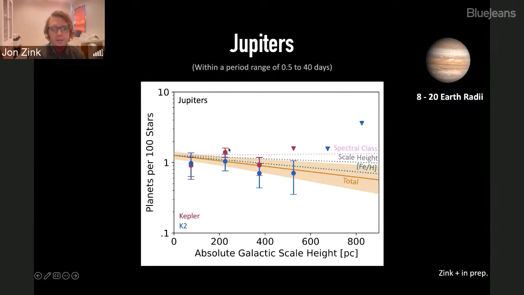This plot here is indicating exactly that. We see that the strongest component of this downward trend is this Fe over H parameter. It's really dominating it and causing us to see this deficit of Jovian planets as we go up in scale height.